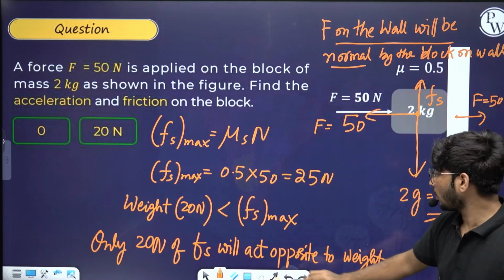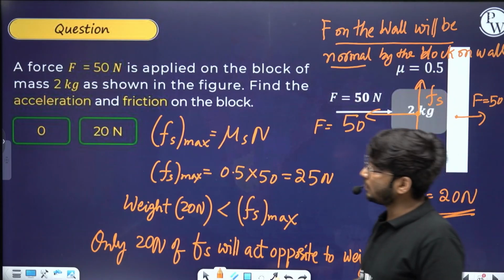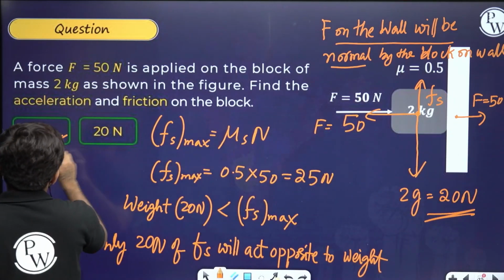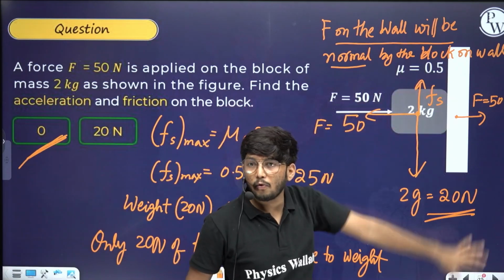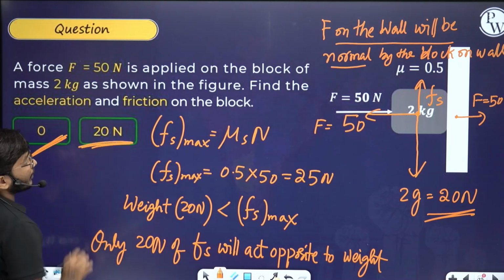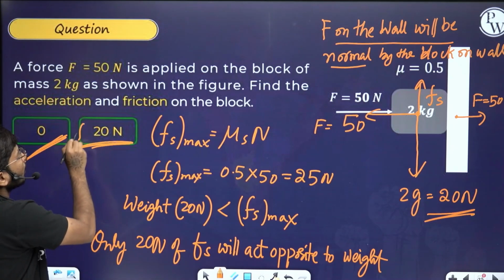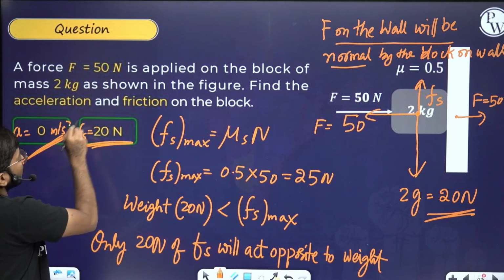It is not kinetic friction; the nature of the friction is static, and the value of acceleration is 0. Why? Because friction is not letting the block move down. Friction, whose value is Fs, which is 20 Newton, acceleration is 0 meter per second square.